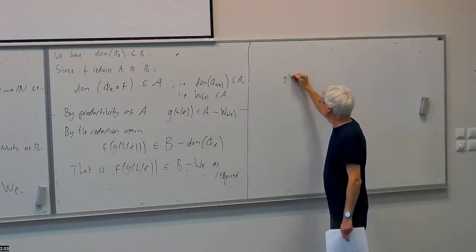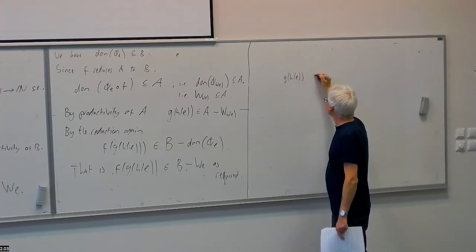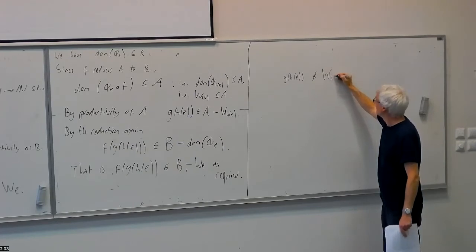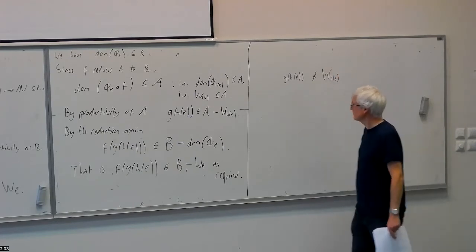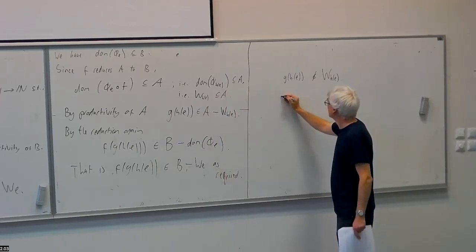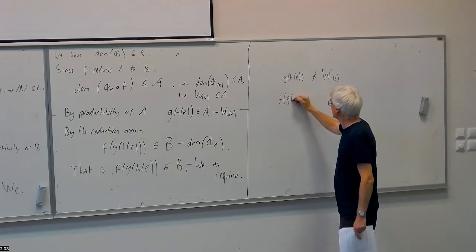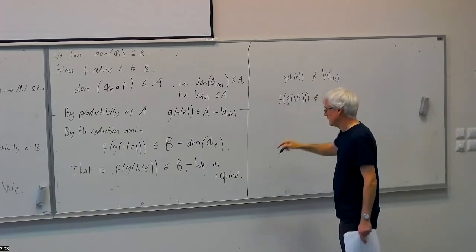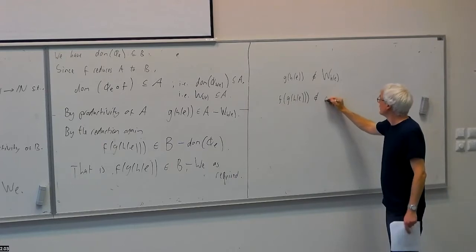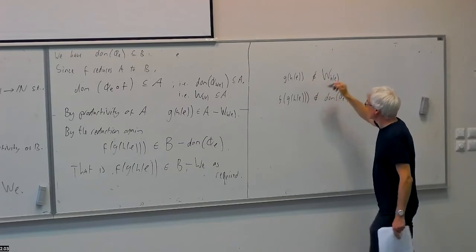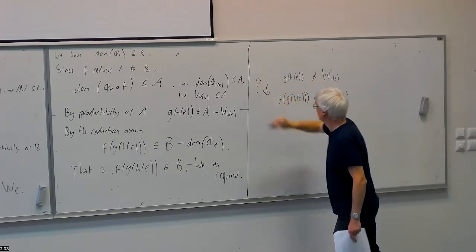So we've got G of H of E does not belong to W of H of E. So F of G of H of E, I'm claiming, does not belong to the domain of phi E. So this is what we want.